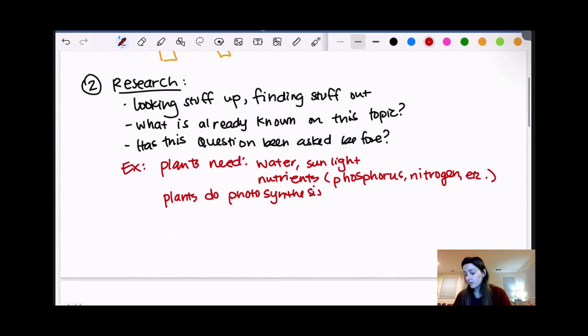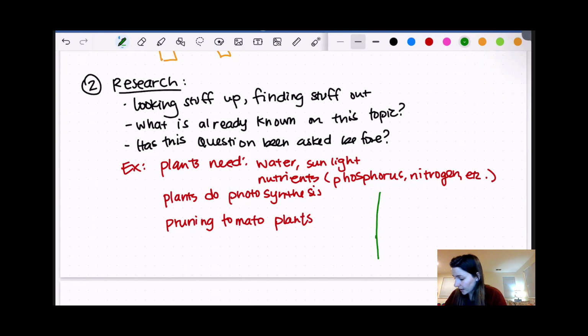We might also read up and find out something about pruning tomato plants. If you don't know, pruning a plant, so if this is a stem and I have a little branch coming out and another little branch coming out, pruning would be, if I have this little baby branch coming out, I would cut this part off.